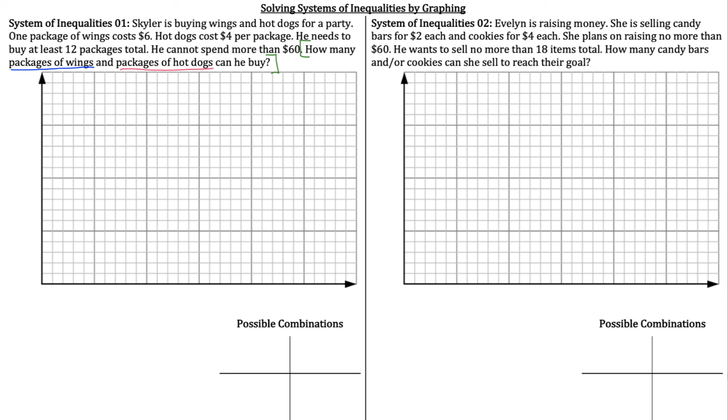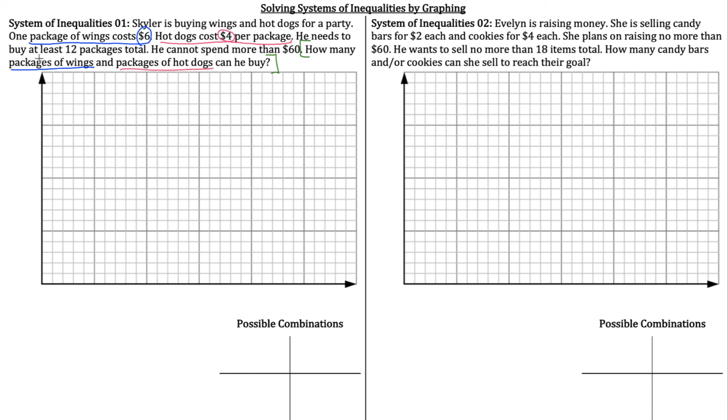So it says one package of wings costs $6, and hot dogs are $4 per package. Then let's look for a total number.